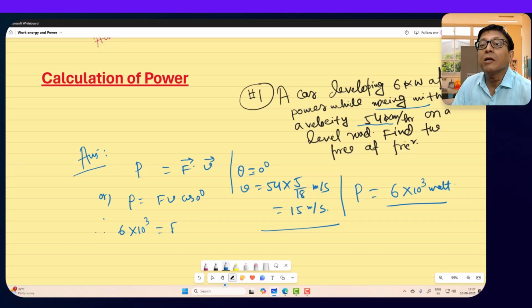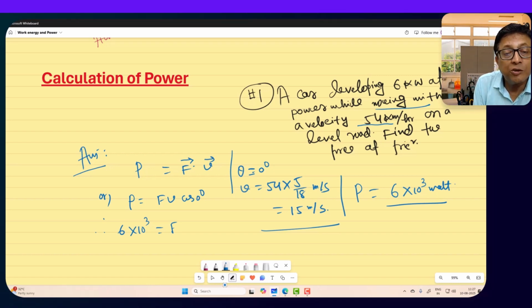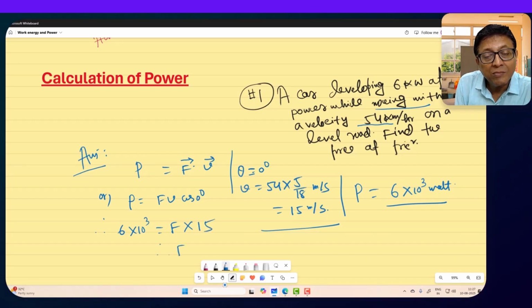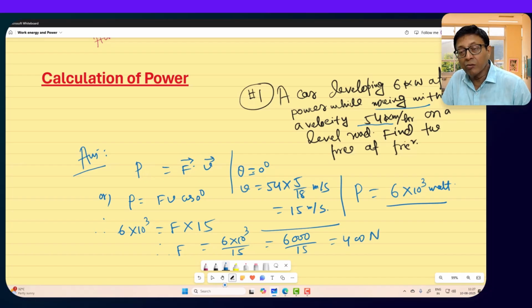So power is developed, work is done, and power is developed here by the car, because it is working against the force of friction. So find that force. F into V, V is 15. So F is going to be this divided by 15. 6000 by 15, that is 400 Newton.